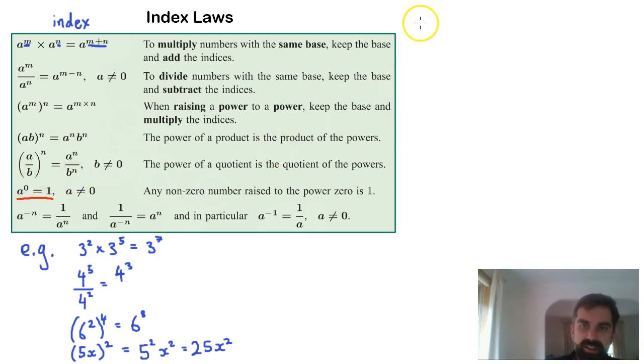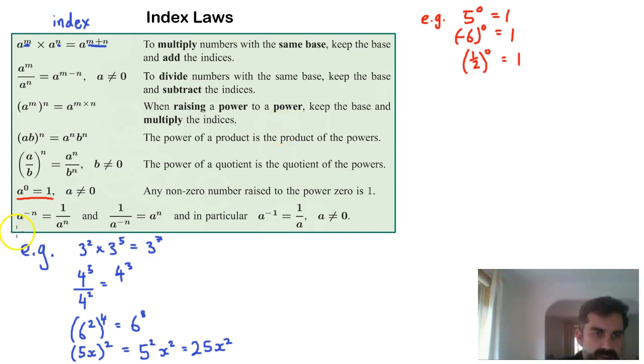It's basically saying, let's say you had 5 to the power of 0, that's going to be 1. If you had negative 6 to the power of 0, that would be 1. If you have a half all to the power of 0, that would be 1. It doesn't matter. Whatever you raise to the power of 0, you're always going to get 1.